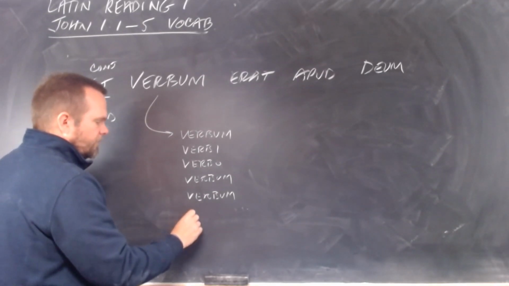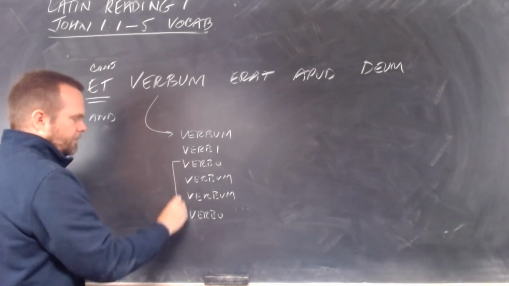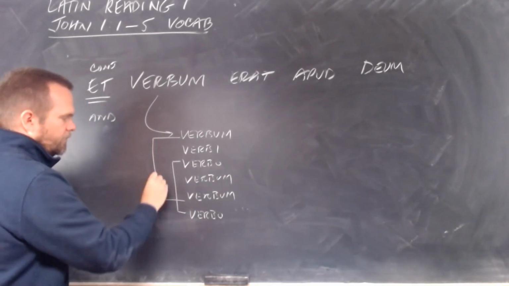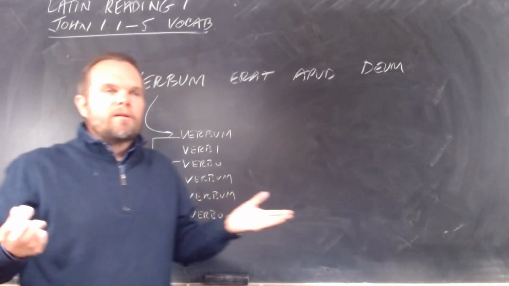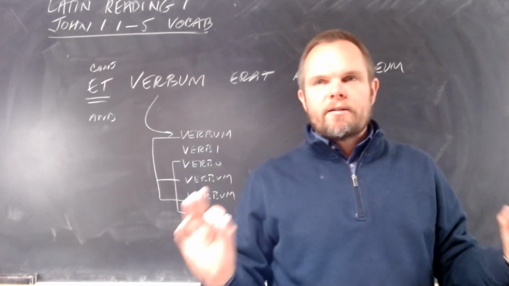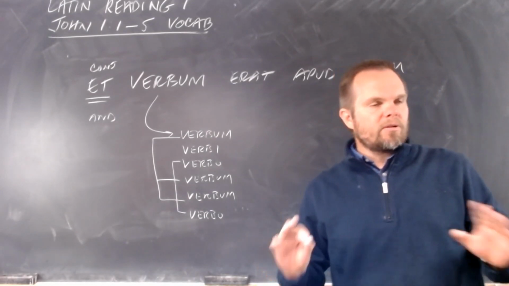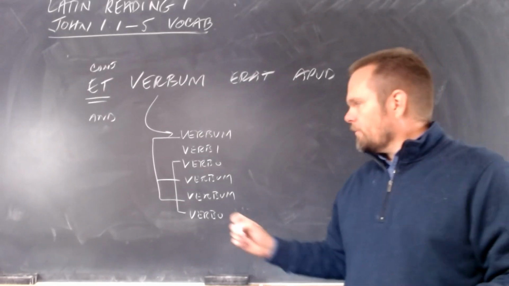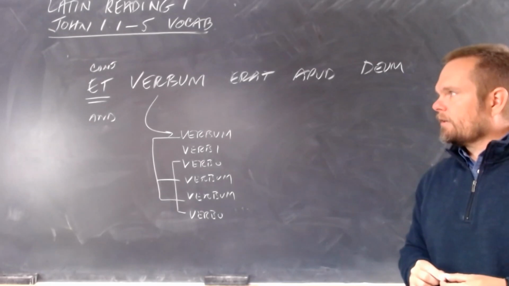And the ablative form is verbo, which is the same as the dative form. So we've got three forms that are exactly the same. So just because the word looks the same doesn't necessarily mean that all the characteristics are the same. Do you understand that? All right? So it's a little more complicated than just matching words. Because three different forms of that word actually look the same.